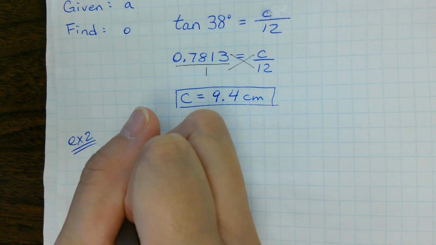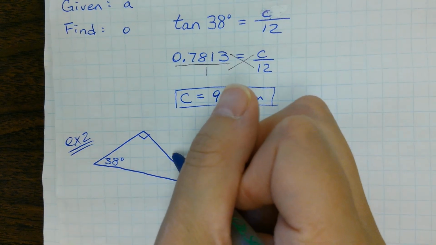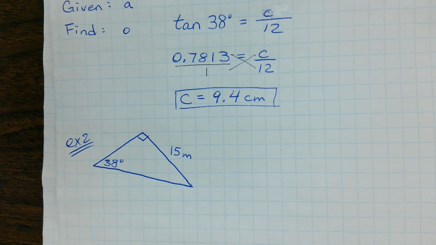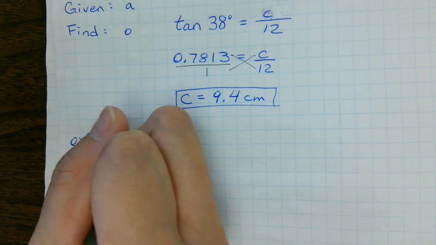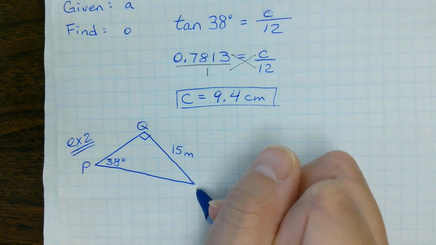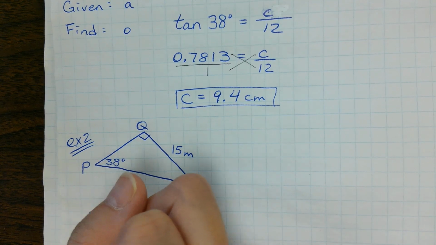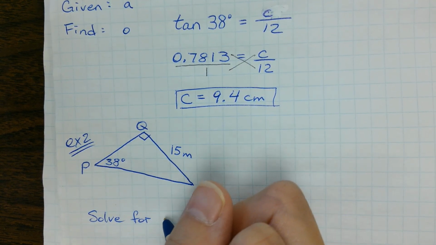Let's use 38 degrees again, and I'm going to give you this as 15 meters. Let's call this triangle PQR. And I want you to solve for PQ.